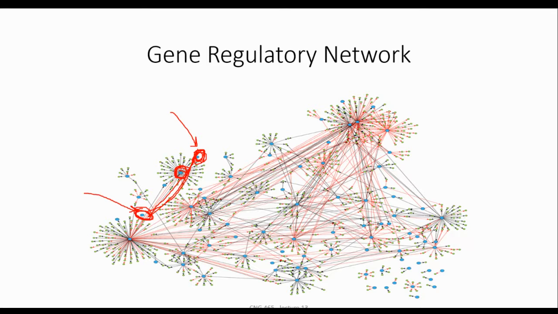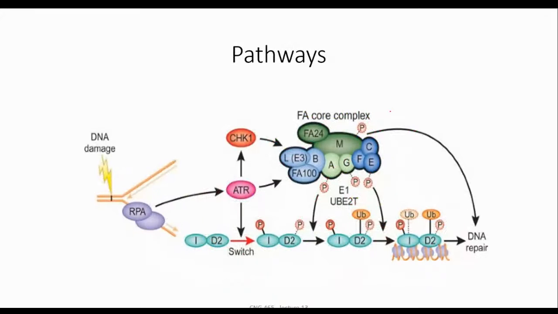Assume that we know all the interactions, which is not the case, but assume that we know that, still it's not easy to see what happens for each one of these proteins. So mathematical modeling can be very useful.